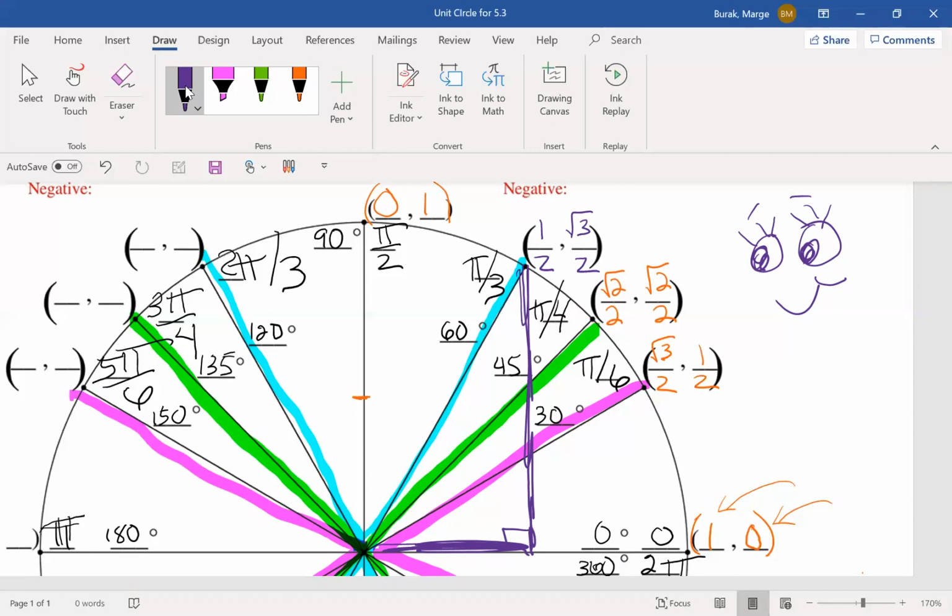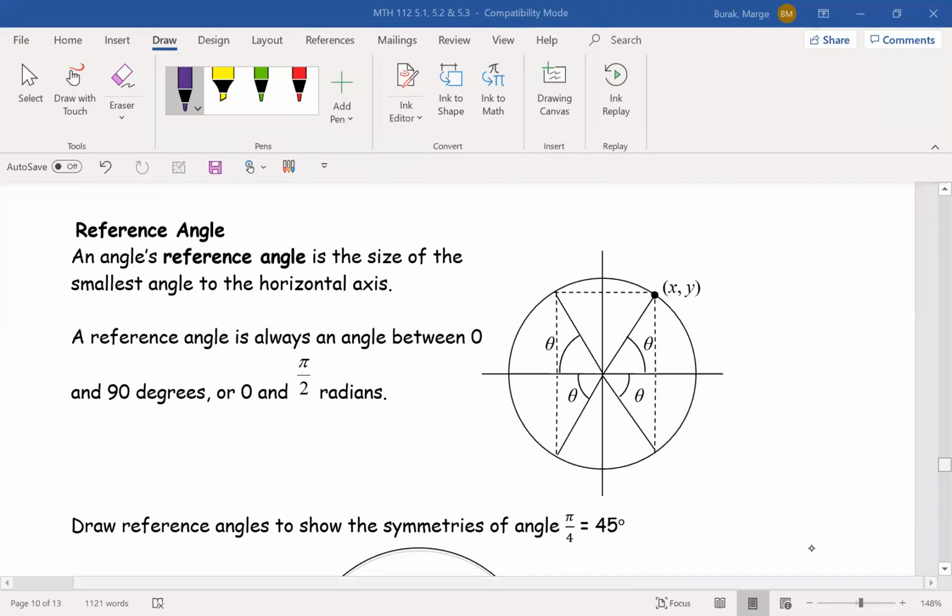All right, so I'm going to share something different. We'll talk about reference angles. An angle's reference angle is the size of the smallest angle to the horizontal axis. What does that mean? If we're talking about this angle in quadrant 1, the smallest angle is right here to the x-axis.